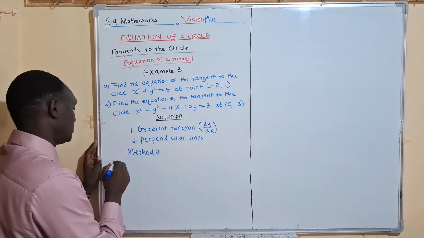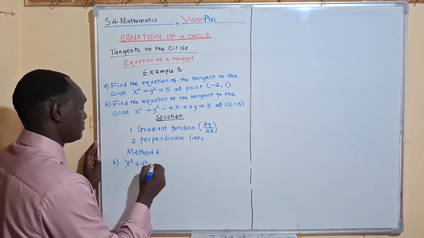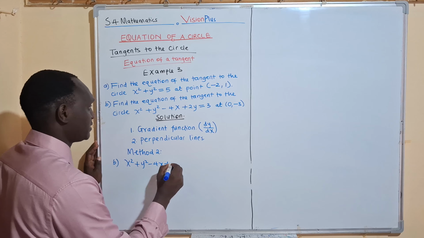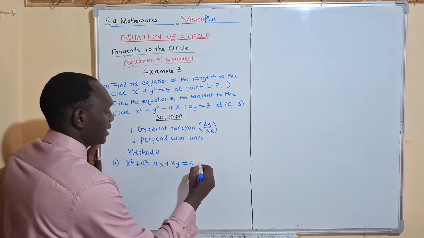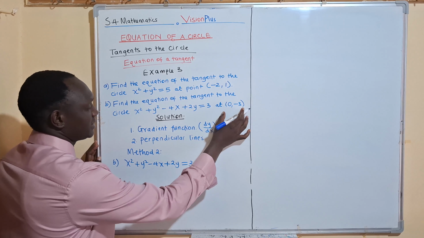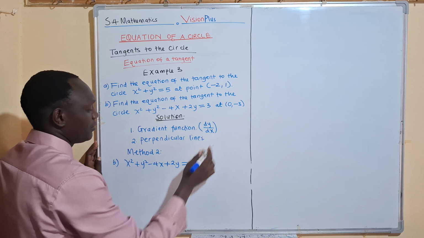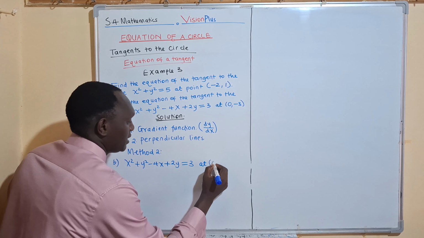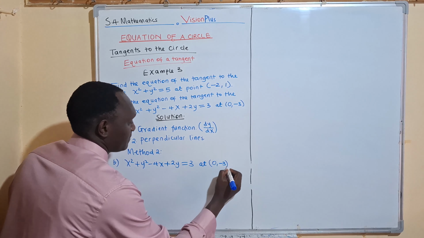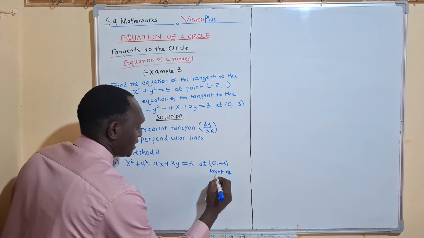So part B, which is x squared plus y squared minus 4x plus 2y equals 3, and the point of tangency. This is the point on the circumference of the circle where the tangent meets the curve. This is what we are calling the point of tangency.